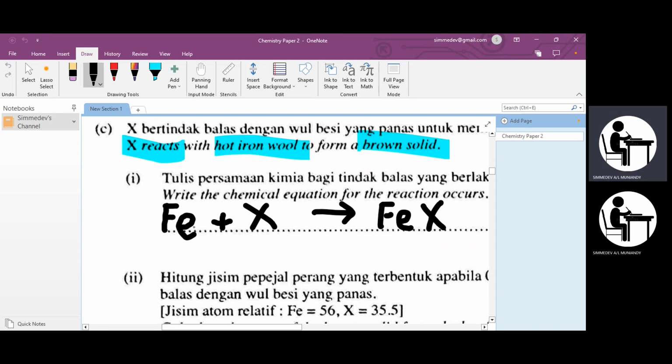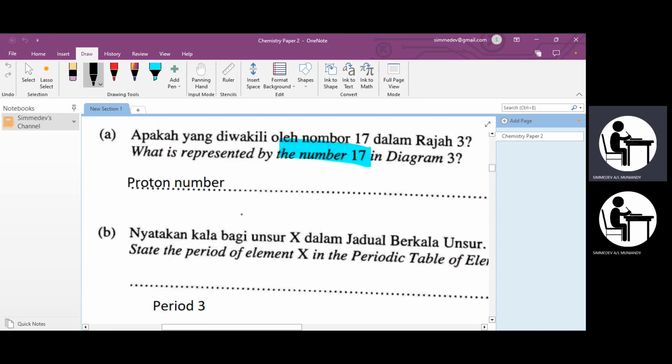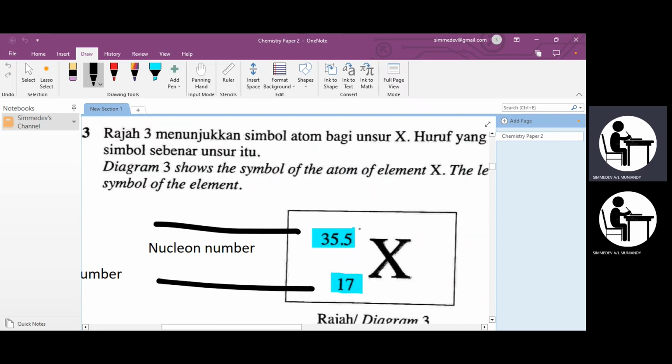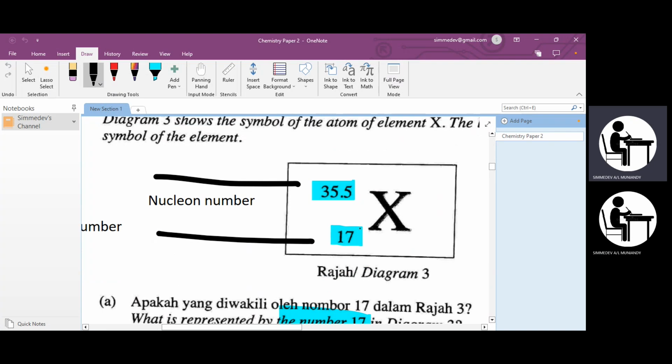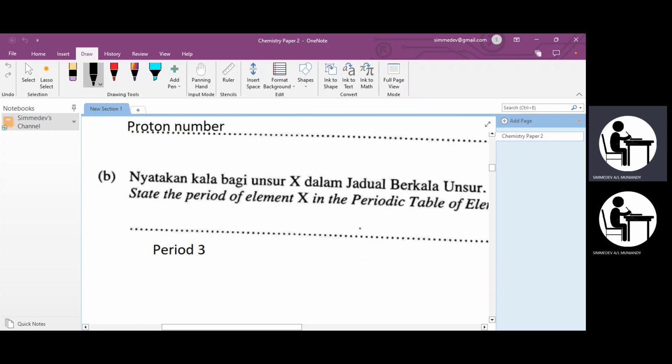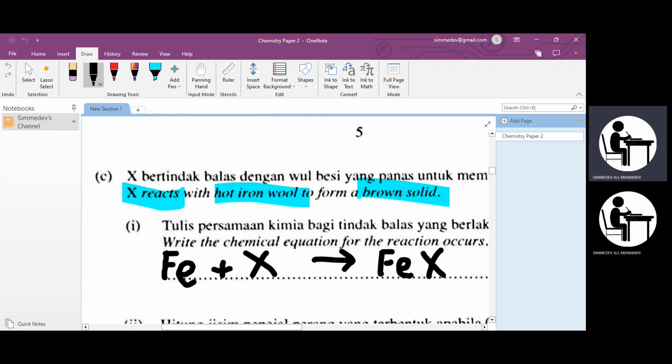As you can see here, I told you that this is chlorine. Chlorine is a gas at room temperature, and usually whenever we are writing a chemical equation, we are referring to the real life situation. So when you are conducting this experiment, since it exists as a gas at room temperature, obviously it will be X2.